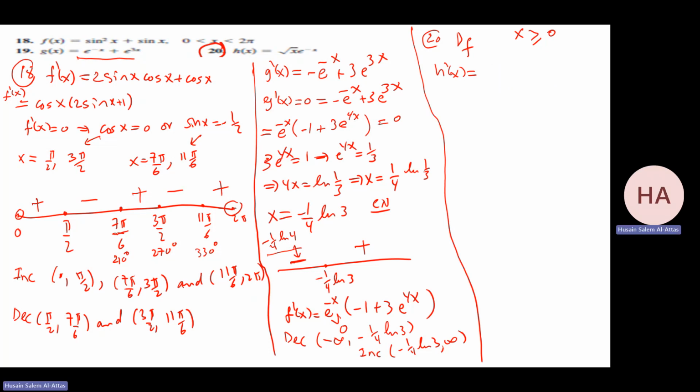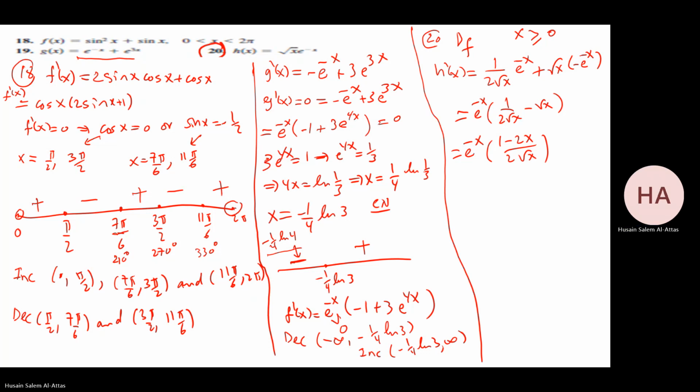Derivative of the first, minus e to the minus x, times root x, plus the first times the derivative of the second, 1 over 2 root x. Let us do it this way. I can take e to the minus x as common factor. So I have what? 1 over 2 root x minus root x. And that will be what? 1 minus 2x over 2 root x.